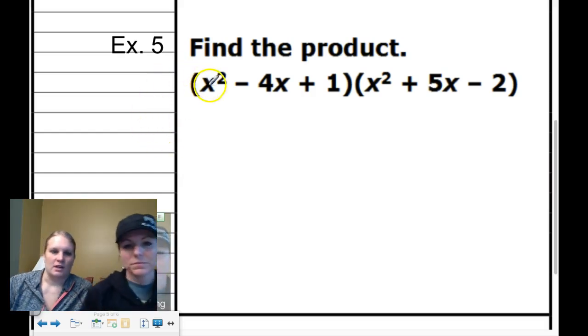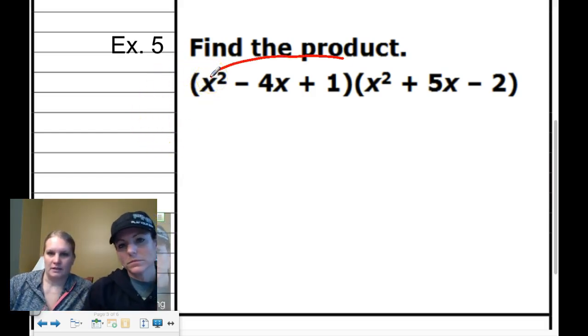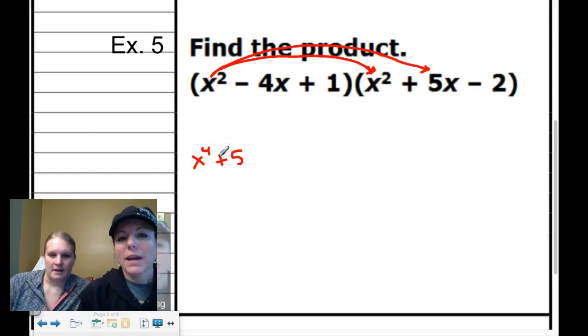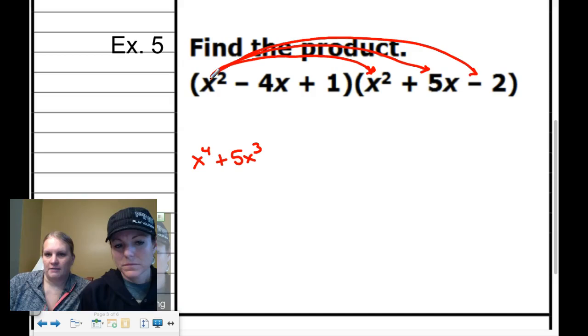Yep, it's just going to get messy. Right. So x squared times x squared. And maybe we better write it down a little lower because we have all those different terms. Yep. So we'll have x to the 4th. Then x squared times 5x is 5x to the third. And x squared times -2 is -2x squared.